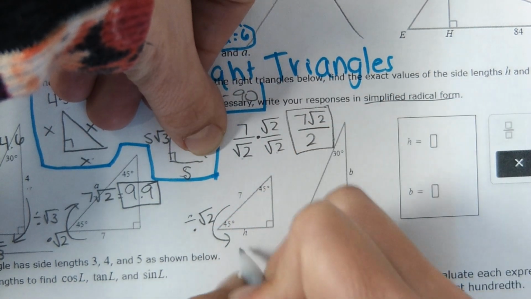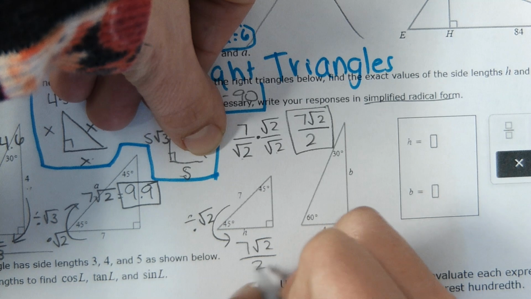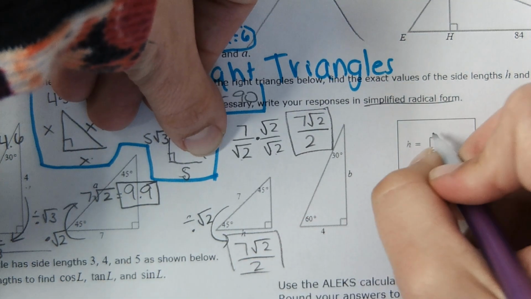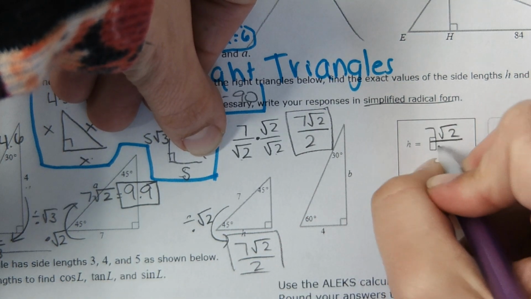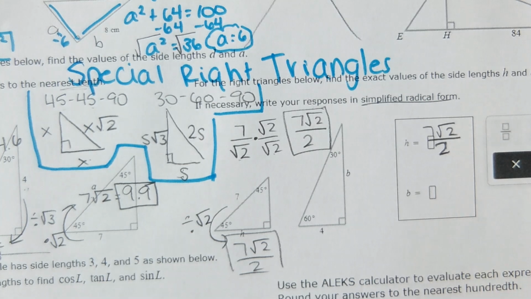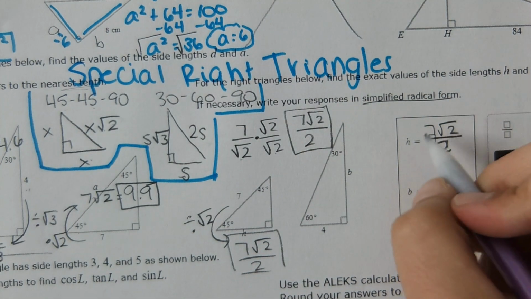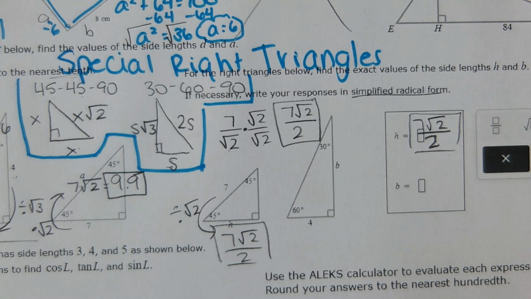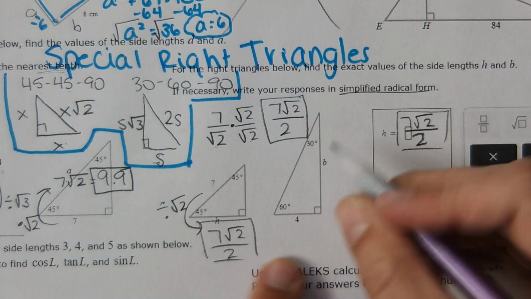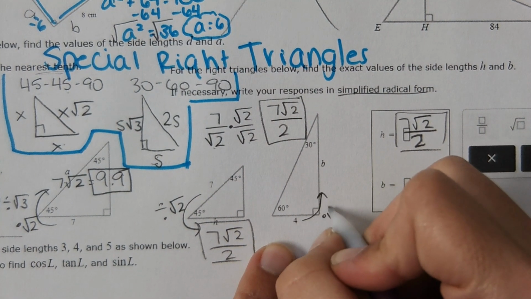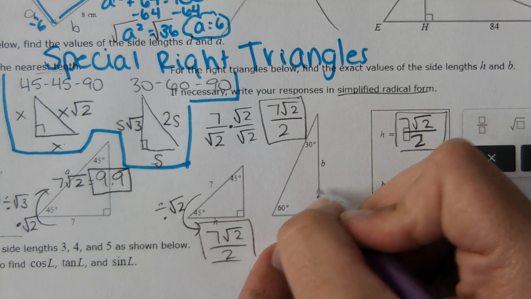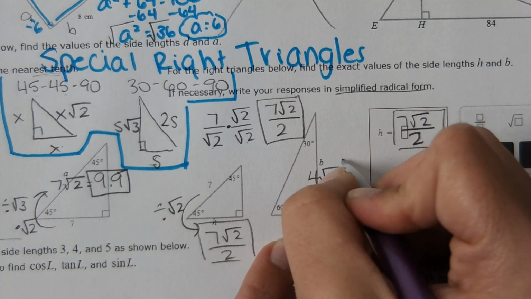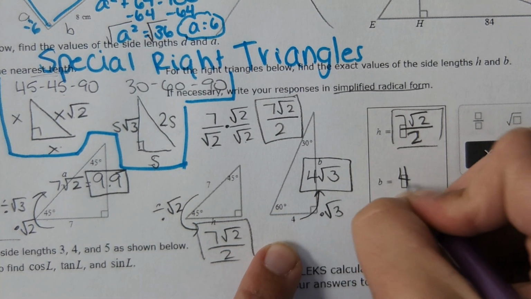So it's 7 square root of 2 over 2. And then for this one, multiply by square root of 3, we get 4 square root of 3. And that's it.